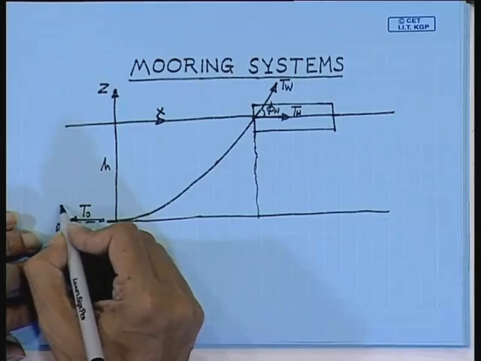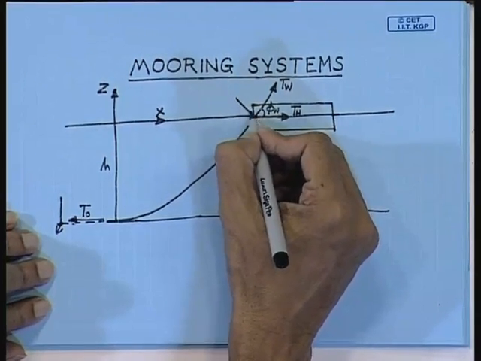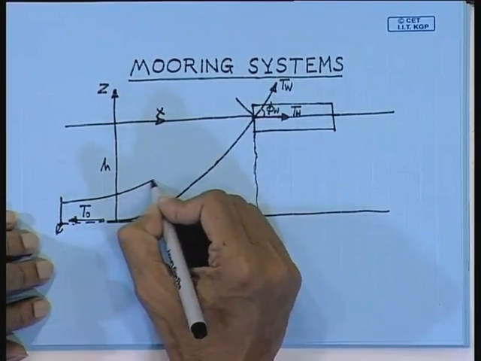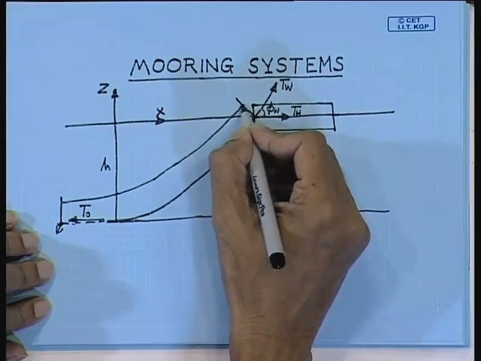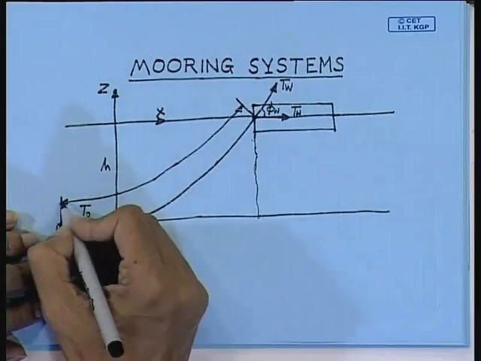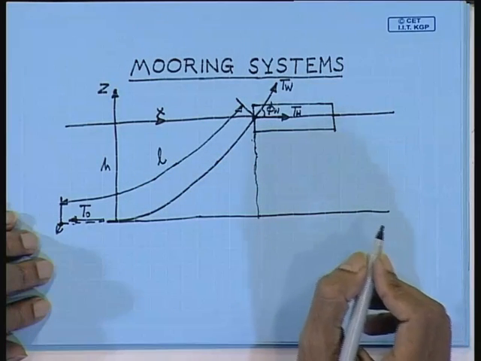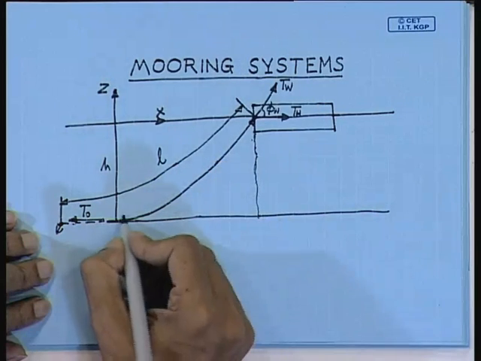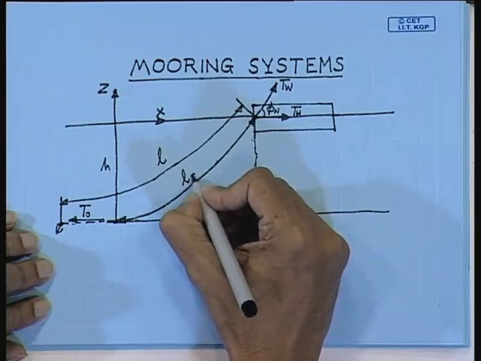If you take right up to the anchor point, the whole length, this is your point of suspension of the chain cable to your anchor point, let this be called L. And right to the point at which the line becomes horizontal, you call this LS.